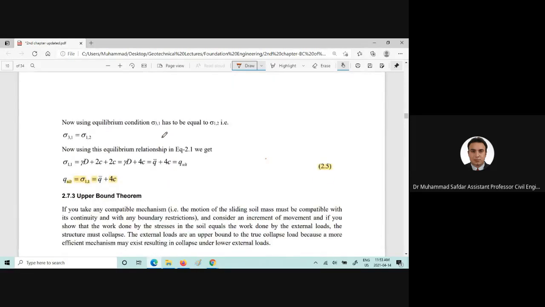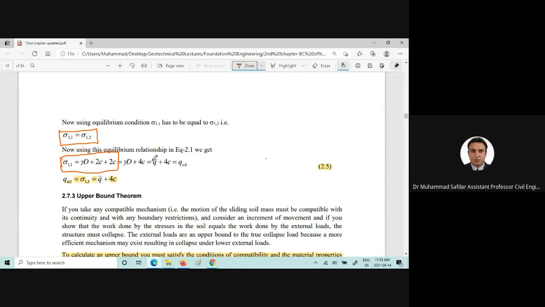Now using the equilibrium condition where sigma 3.1 is equal to sigma 1.2, which are the horizontal stresses, if we put those equations we will get this equation, and the modified form of this equation would be this one. Or we can also write that sigma 1.1 is equal to q bar plus 4c. Now this is an important equation which you can note down. Okay, this equation is important.